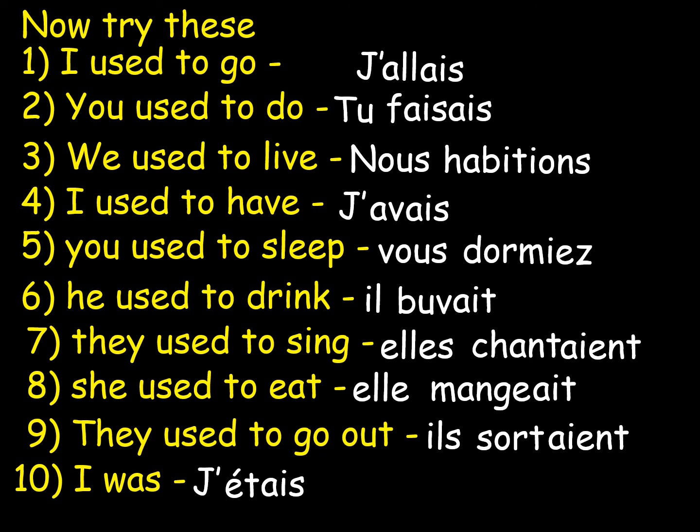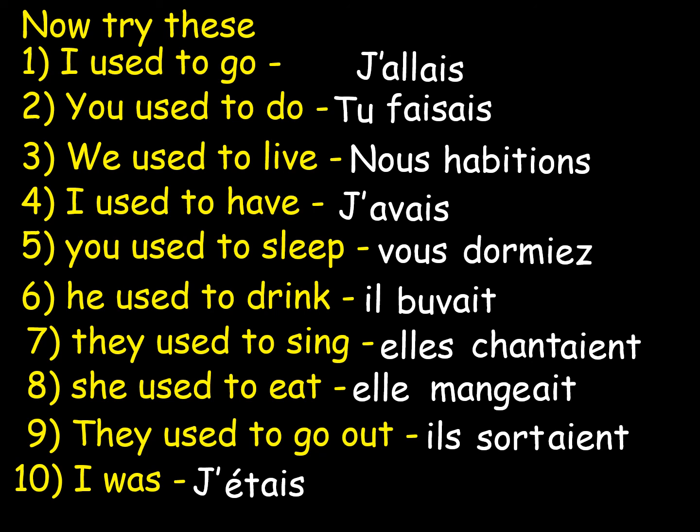This is why I said right at the beginning that we need to learn the tense as we go along. So if you're finding this quite difficult, you need to go back and have a look at the present tense first and make sure you've got that sorted out before we move on to the imperfect tense. So we find the we form, we knock off the ONS, and then we add on the different endings. AIS for I, AIS for you, AIT for he, IONS for we, IEZ for you, vous, and then AIENT for they. And then you're left with what you used to do.